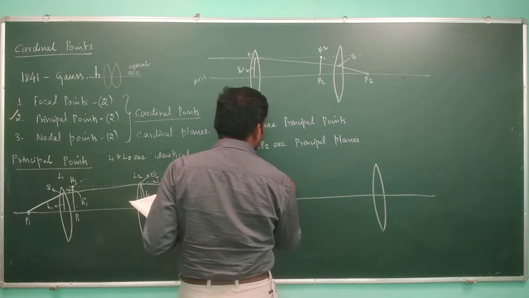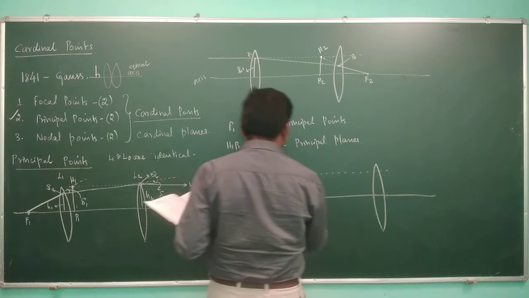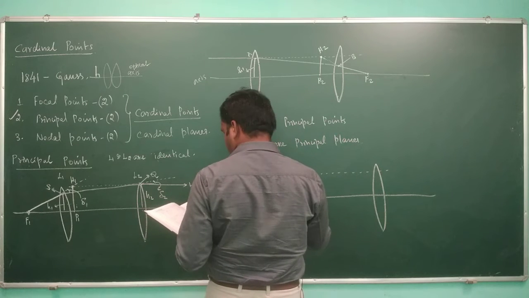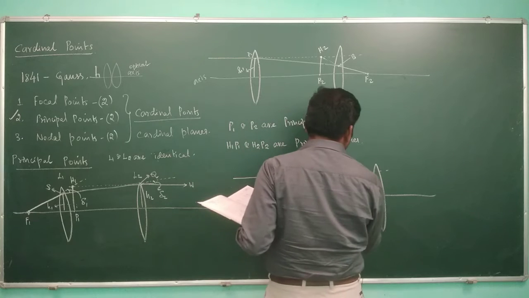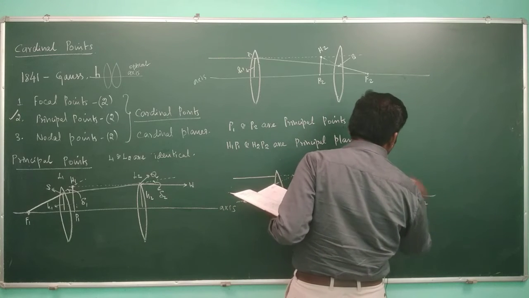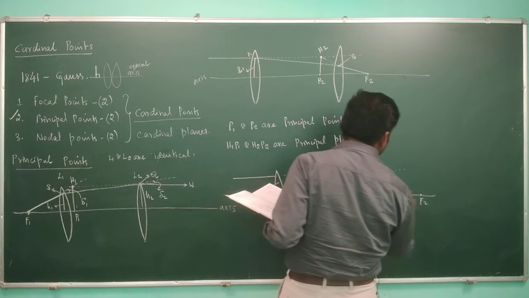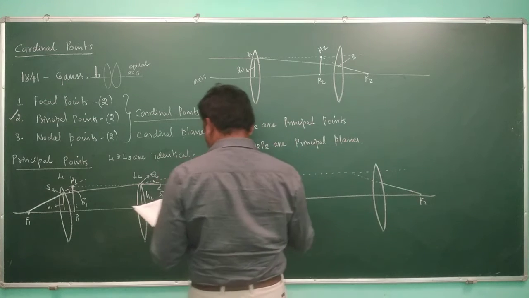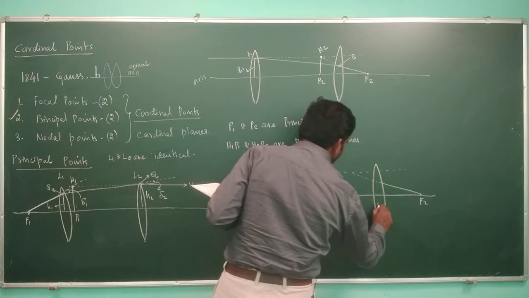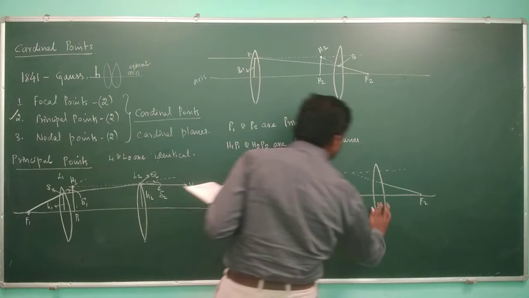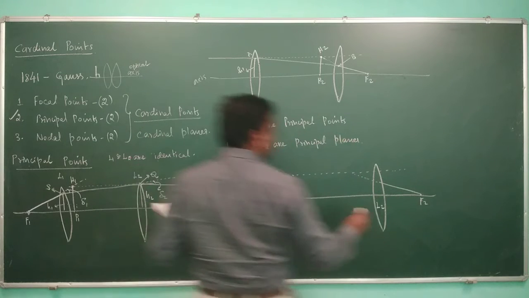You can draw these rays like this, and this ray will touch here. Similarly, this is F2 and this ray goes like this. And this is lens 1, this is lens 2, focal point 1, focal point 2.